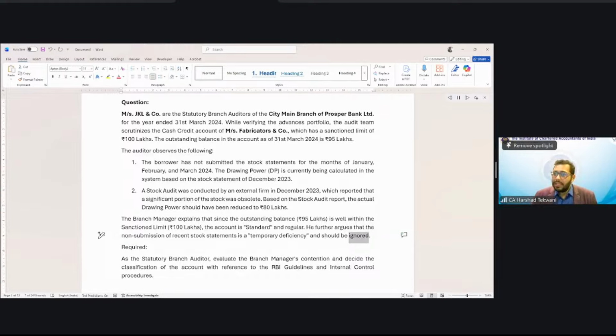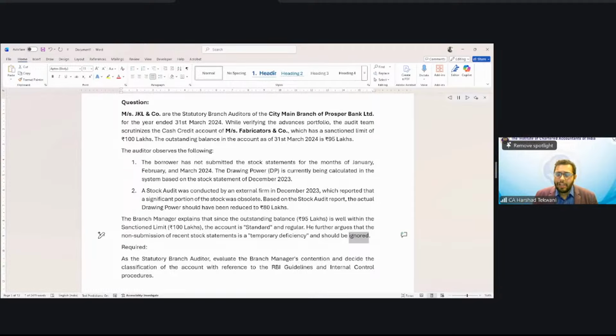As a result, in this particular scenario, we would not say this is a temporary deficiency. This has been irregular, yes, I agree, but irregular for more than 3 months. Temporary deficiencies are those where the account has been irregular just because of non-renewal of the limits or something similar.